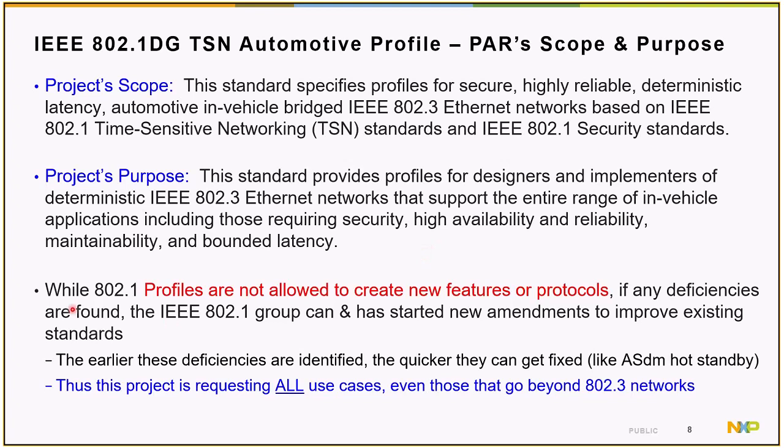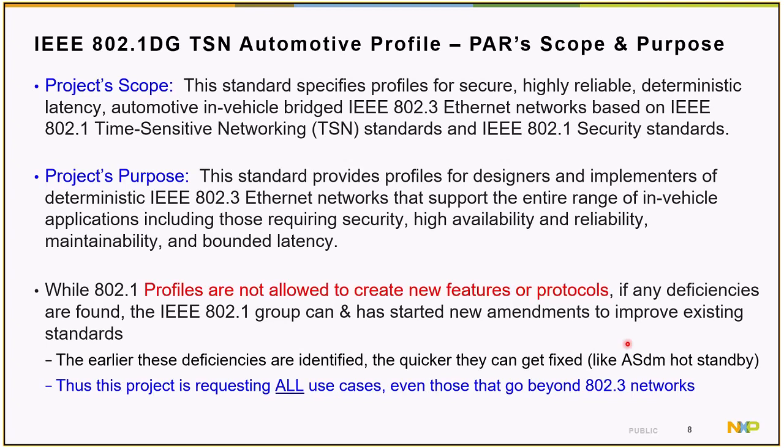Now, while 802.1 profiles are not allowed to create new features or protocols, as I discussed above, if any deficiencies are found, the IEEE 802.1 group can and has started new amendments to improve existing standards. And of course, the earlier these deficiencies are identified, the quicker they can get fixed. Like ASDM, as I mentioned earlier, is an amendment to AS.